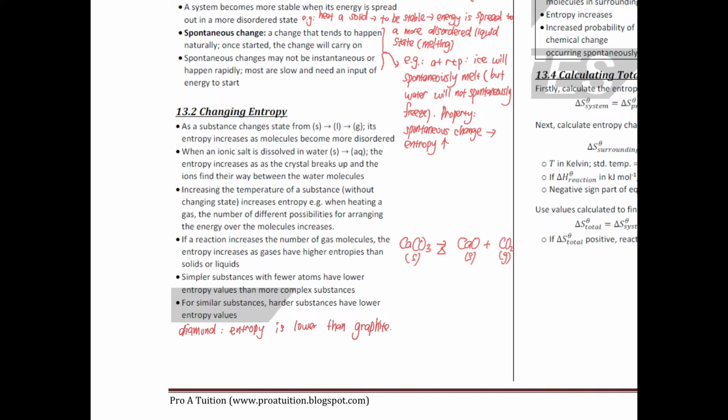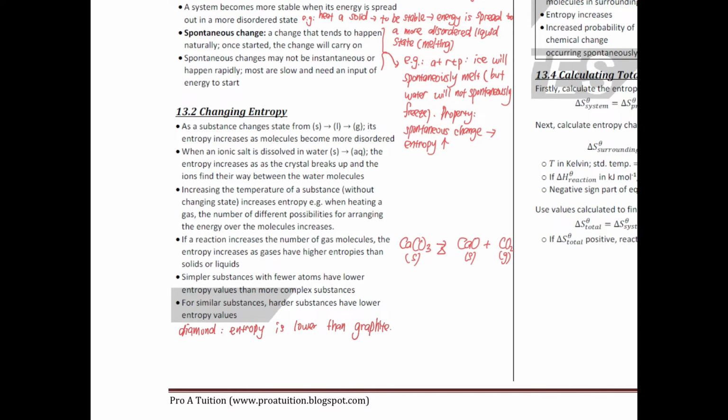You can think about it by imagining the structure of graphite, which is a few layers of sp2 hexagonal rings. It's not just hexagonal rings throughout the structure. There are layers by layers.